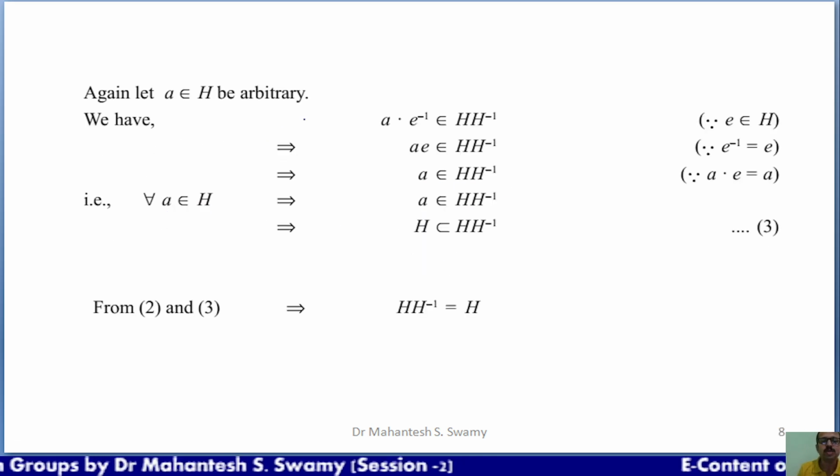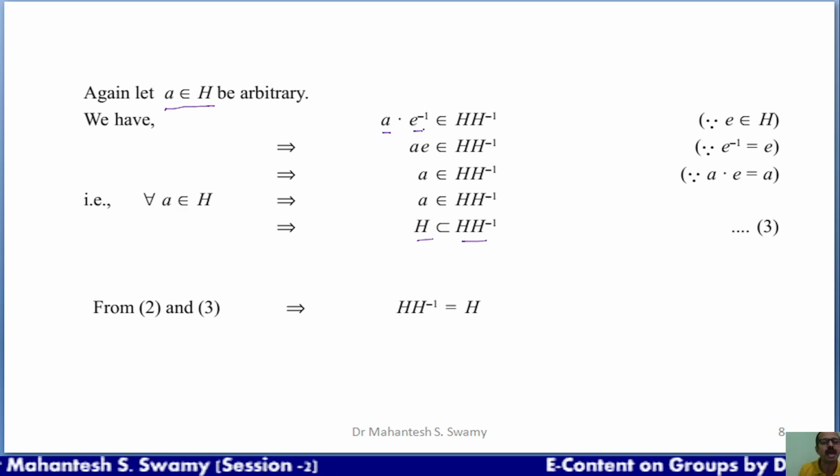Again, to prove that H is a subset of HH inverse, consider an arbitrary element A belonging to H. Now, when A belongs to H, A into E inverse, let us take the inverse of the identity element, should be in HH inverse because A is from H and E inverse is from H inverse.